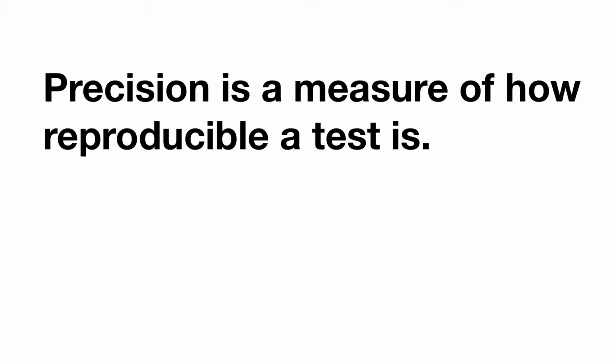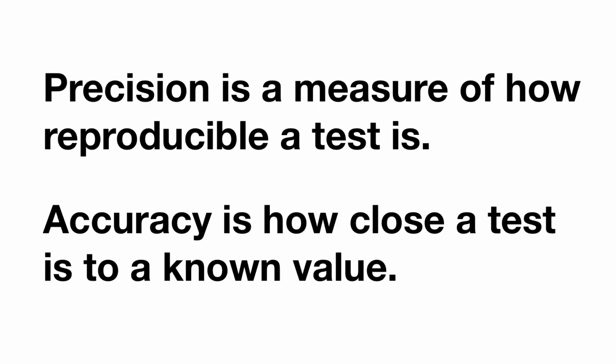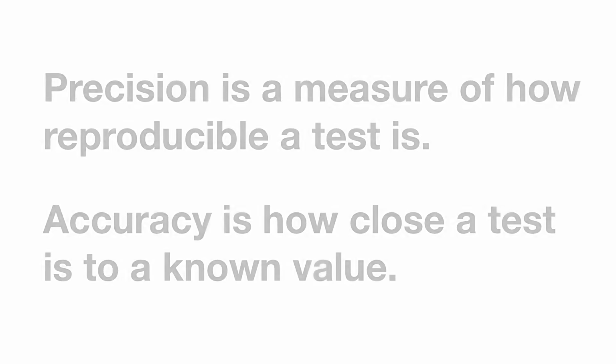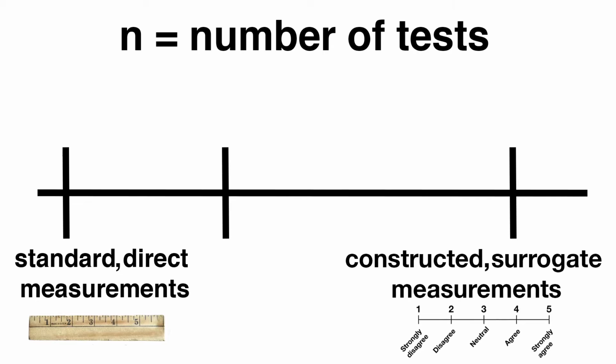Speaking of uncertainty, students often confuse the terms of precision and accuracy. Precision is a measure of how reproducible a test is, and accuracy is how close a test is to a known value. For design teams conducting standard direct measurements, few tests are often needed.